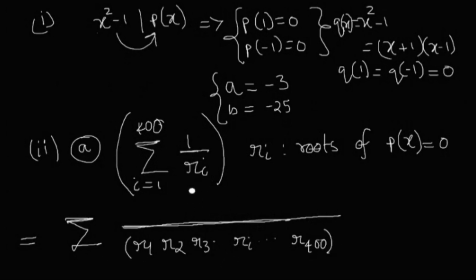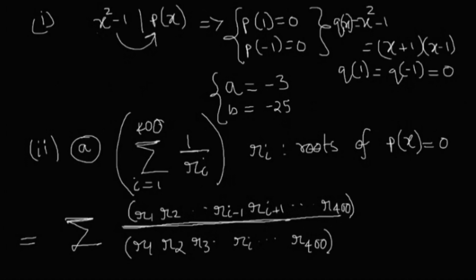Now, what you can do is write R1, R2, up to Ri - 1, and Ri + 1, up to R400.